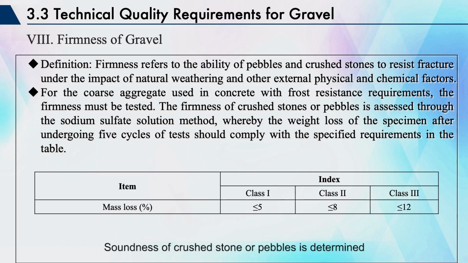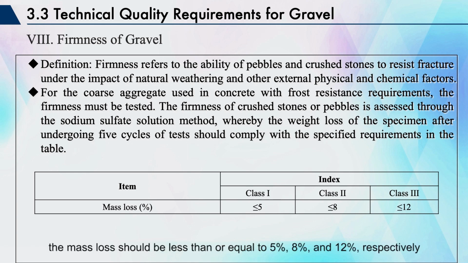Soundness of crushed stone or pebbles is determined using the sodium sulfate solution method. After 5 cycles, the weight loss of the specimen should meet the requirements specified in the table. For Class 1, 2, and 3, the mass loss should be less than or equal to 5%, 8%, and 12% respectively.